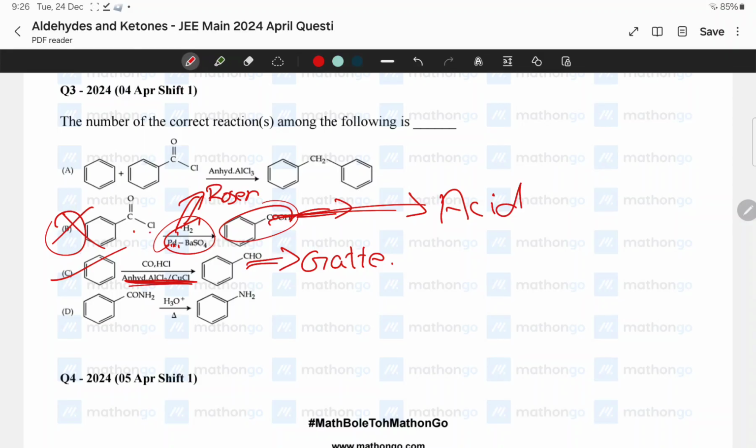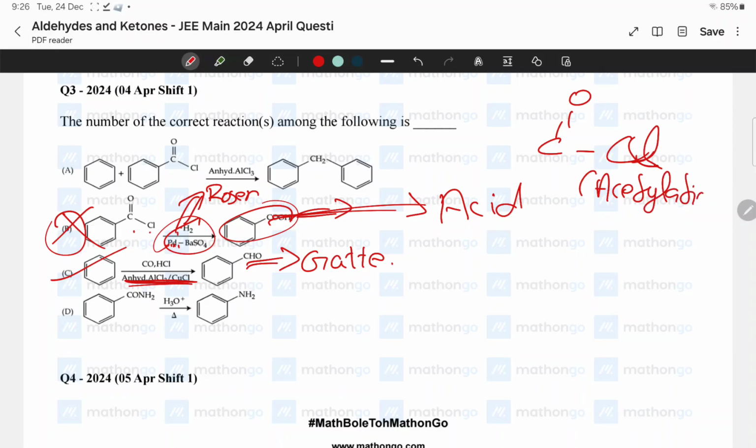Now, benzene plus anhydrous AlCl3. I think that is also having some problem. We are having C double bond O Cl, right? This is an acetylation reaction.